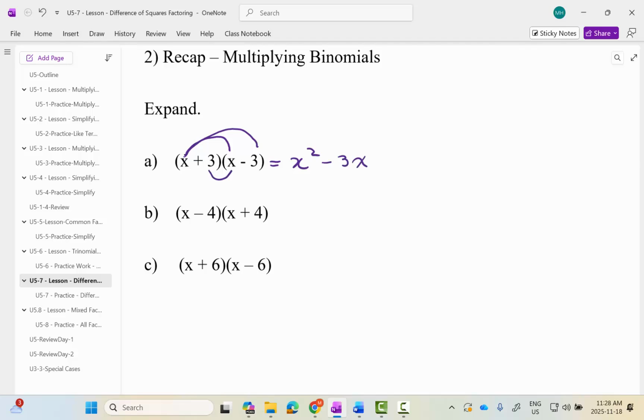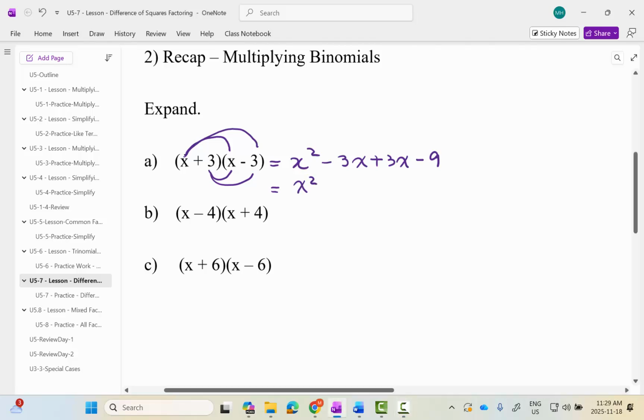And then 3 times x, that gives you positive 3x. And 3 times 3 is negative 9. How do you know it's negative 3? All right, now let's simplify this. What would you get? X squared. Negative 3 plus 3 is 0. So all you're going to have is minus 9.